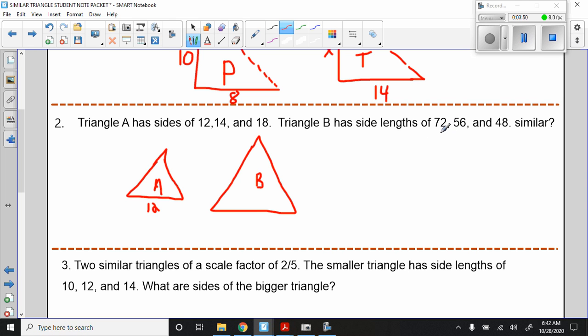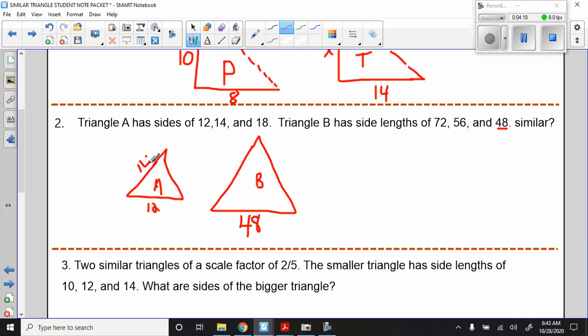Now look at the sides of B. I purposely did this so you know it's not just put the first numbers on the bottom. Our last number here is our smallest, so I'm going to put the 48 on the bottom. Be aware that it's not just first number on the bottom and first number on the bottom. Be consistent with small, medium, and large.